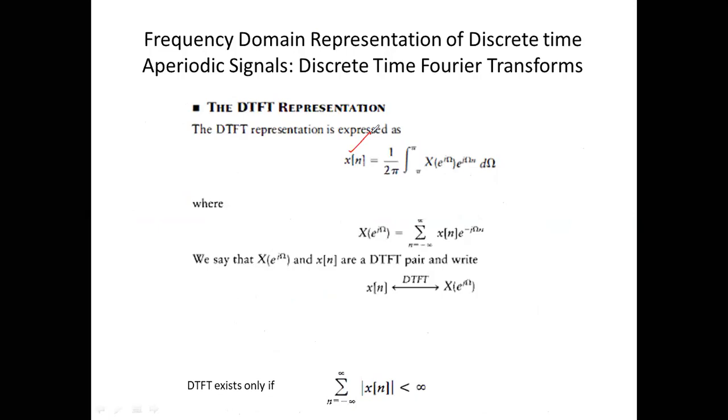The Laplace transform exists for continuous time signals. What about X of e to the power j omega? It is continuous, and it is periodic with period 2 pi.